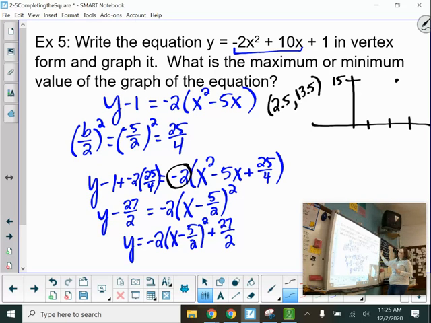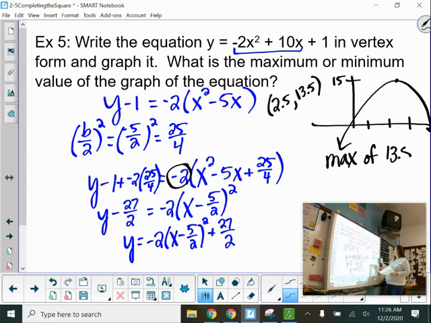And y-intercept is 1. So we would be coming up something like that. And it says, what is the maximum minimum value? This graph does open down because it starts with that negative. So this would be a max. And the max value is the y value of the vertex. So there's my vertex in vertex form.